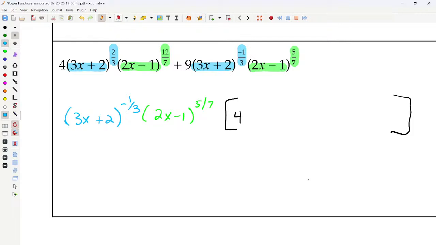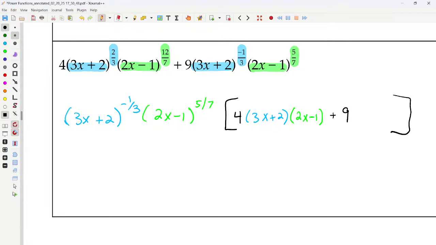Talking this out, this group divided by this group is the same base. So 2/3 minus a negative 1/3 just becomes a positive 1. This group of 2x minus 1 divided by the same group, subtract the exponents. 12/7 minus 5/7 is 7/7, which is the same as 1. 9 still chilling there.